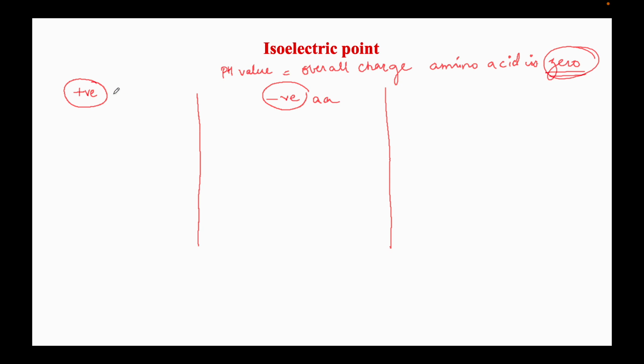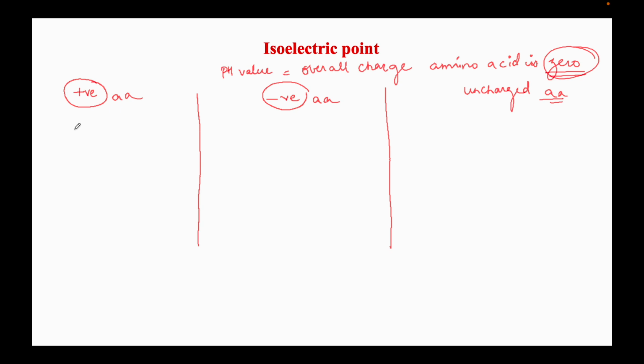And finally, we have uncharged amino acids, and we have a different strategy for the calculation of the isoelectric point. So let's first start with the positively charged amino acids.